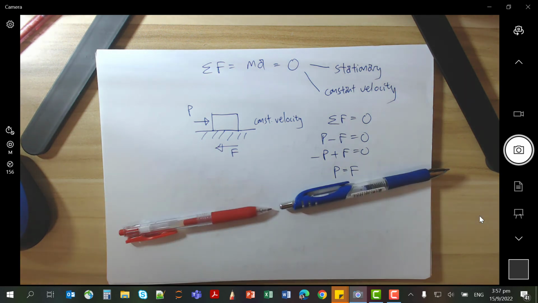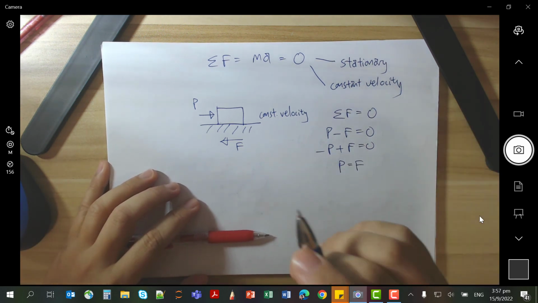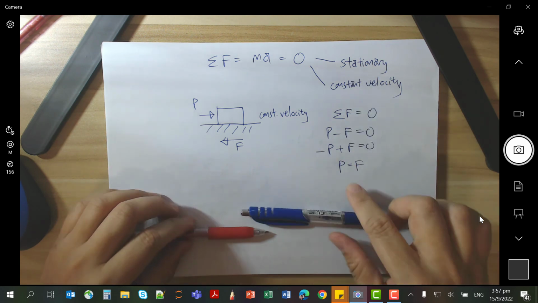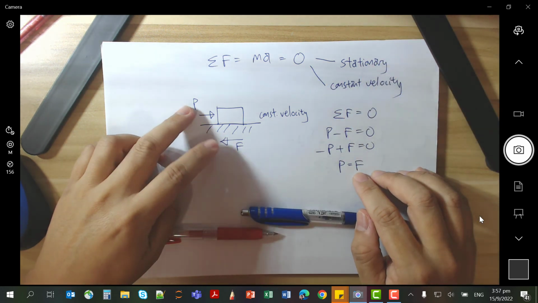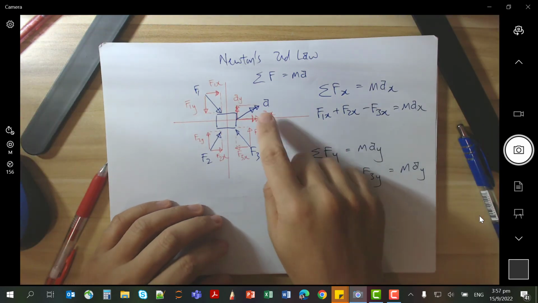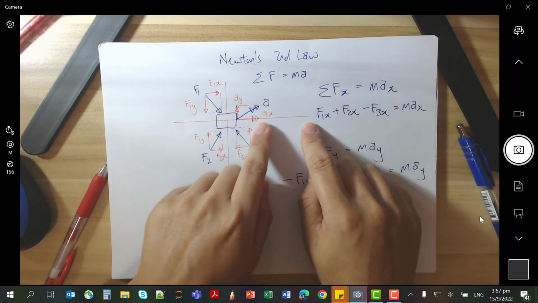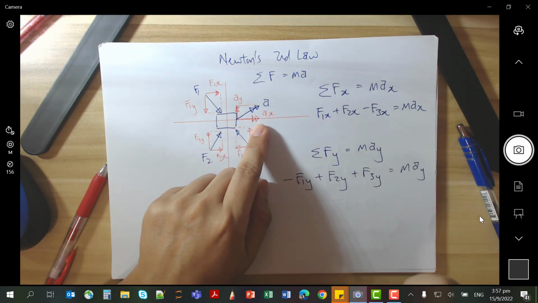This is called static equilibrium. In a lot of cases you encounter later on you will have the same situation, and then you don't have to consider the direction. But if there is an acceleration, then the direction that follows the acceleration will be considered positive.